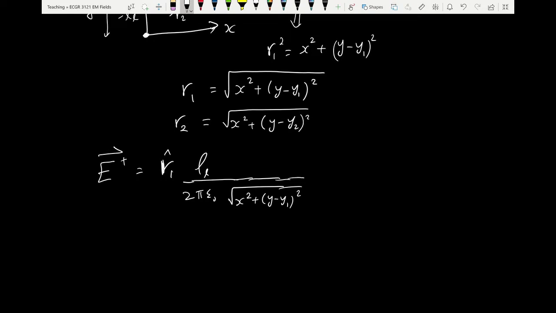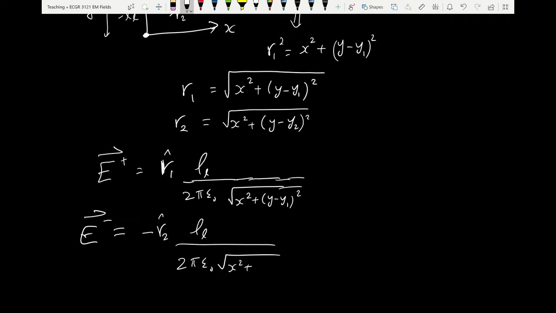And then E minus, the field due to the negatively charged transmission line, is going to be minus R2 hat rho L over 2 pi epsilon naught times the square root of x squared plus (y minus y2) squared.